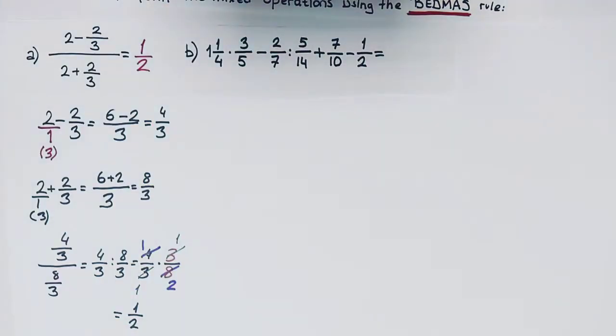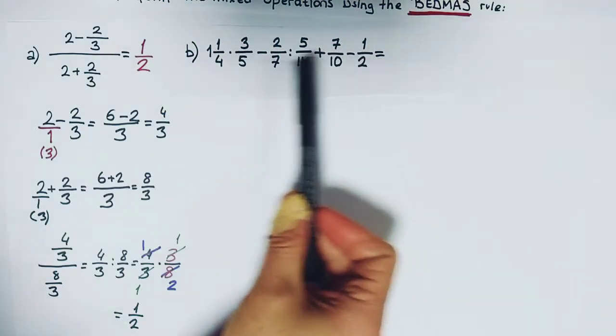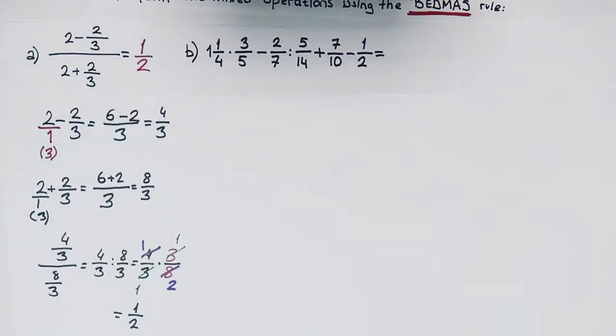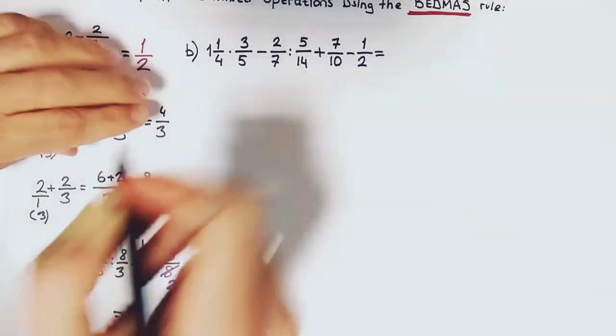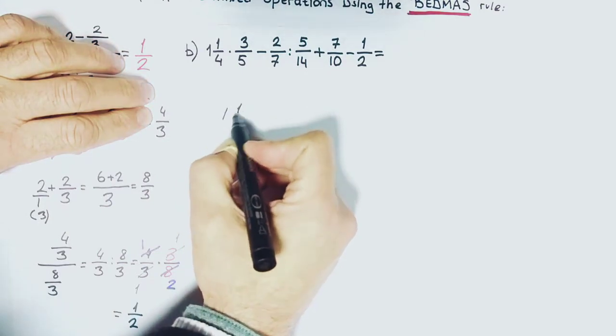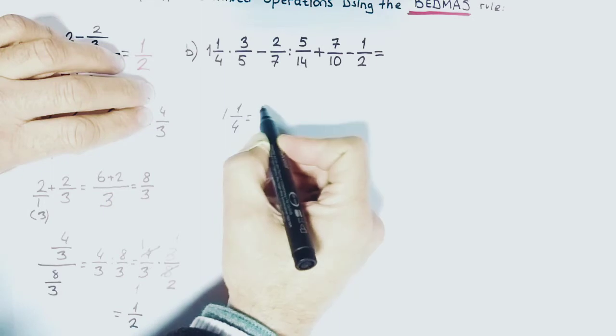What about B? We have mixed numbers, we have different operations between rational numbers. So, first of all, 1 and 1 over 4 is 4 times 1, 4 plus 1, it is 5.